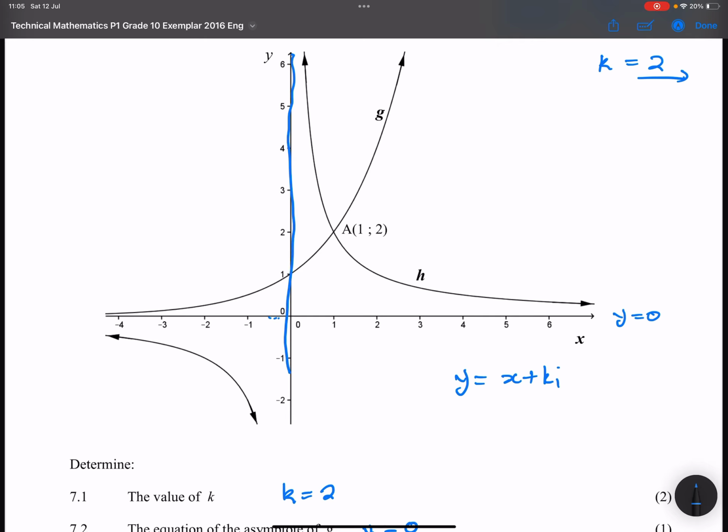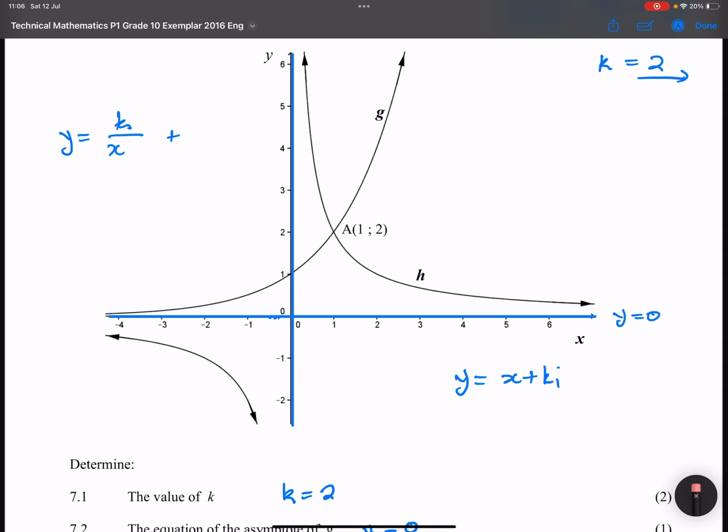Your vertical asymptote would be the line x is equal to 0. Your horizontal asymptote here would be the line y is equal to 0. And remember, for the hyperbola, you can have k over x minus p plus q. Which means x is equal to p would be your vertical asymptote, and y is equal to q would be your horizontal asymptote. However, in this case, the p and the q values are both equal to 0.